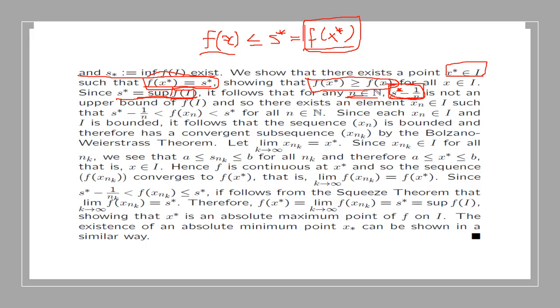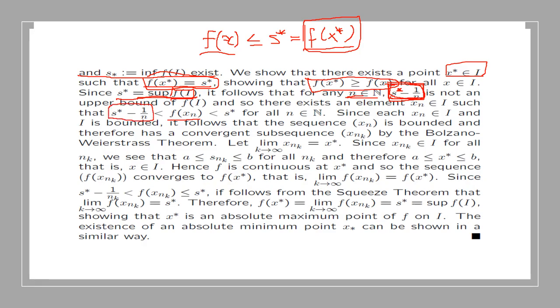And therefore, since s star minus 1 over n is not an upper bound of f of I, that means there exists an element in f of I which is bigger than this number, s star minus 1 over n.